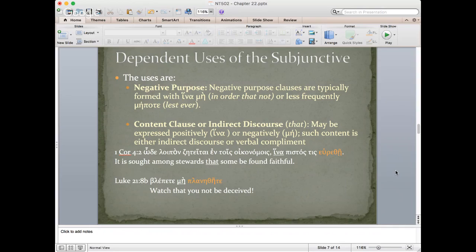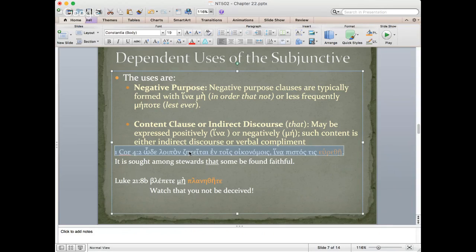For 1 Corinthians 4:2, it's going to be something like, it is sought among the stewards that someone be found faithful.